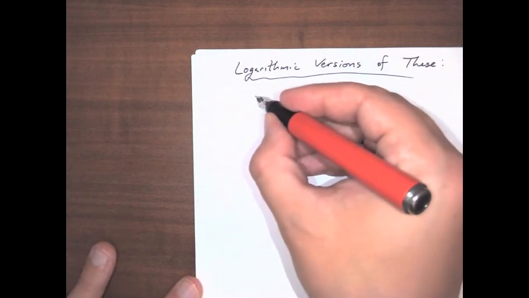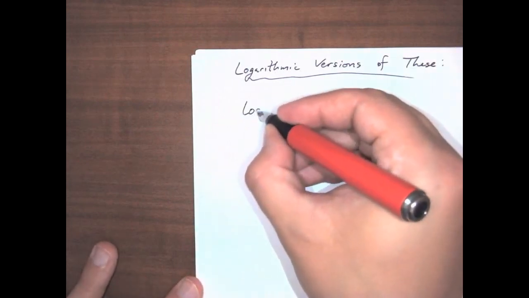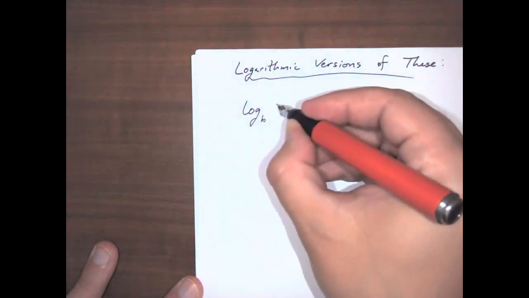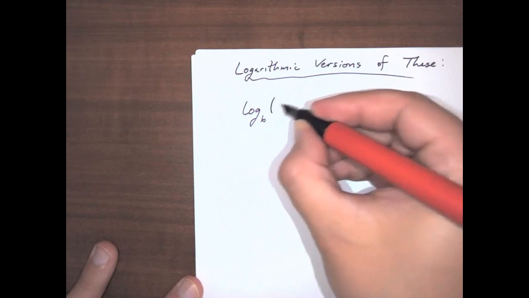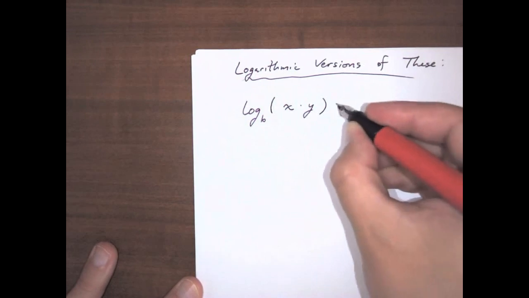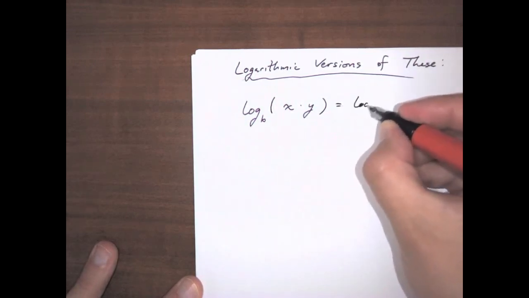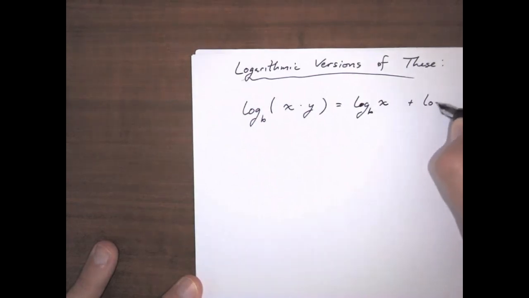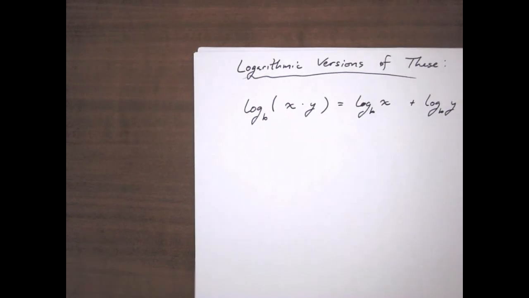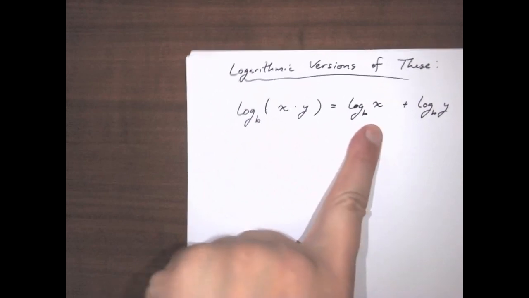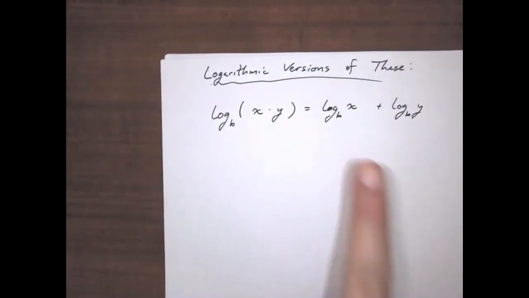So this, if we read it in reverse, would be log base b of x times y, and this is the same as log base b of x plus log base b of y. So this is like saying, how many times can I squeeze a b into this product? Well, it's however many I can squeeze into the x, plus however many I can squeeze into the y.